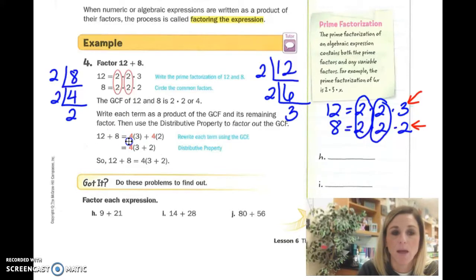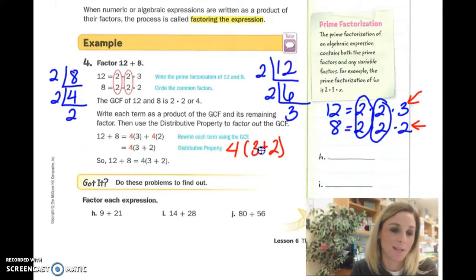So then you end up having 4 times 3 plus 4 times 2. When you turn that into parentheses, the distributive property, it is written as 4 times the quantity 3 plus 2. Okay? Don't get confused. Remember, practice doesn't make perfect, but it makes better.